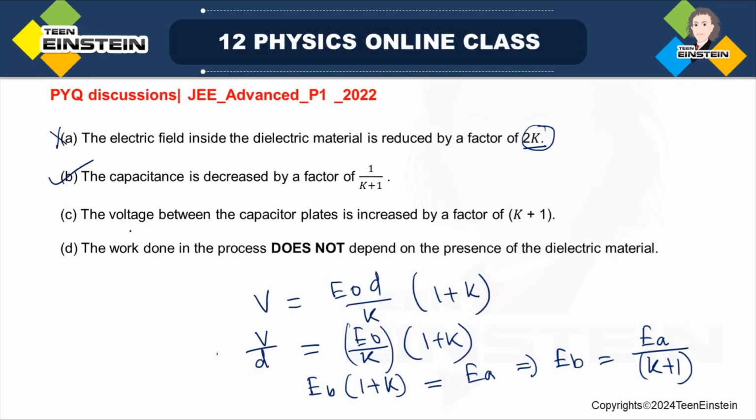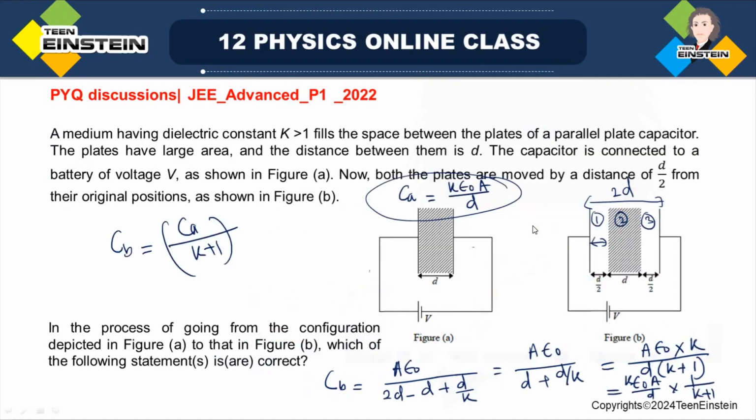Now let us see the third option. The voltage between the capacitor plates is increased by a factor K plus 1. Let me tell you one good thing over here.